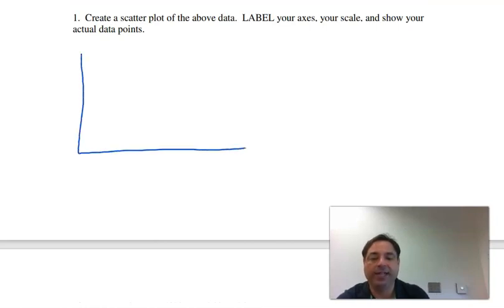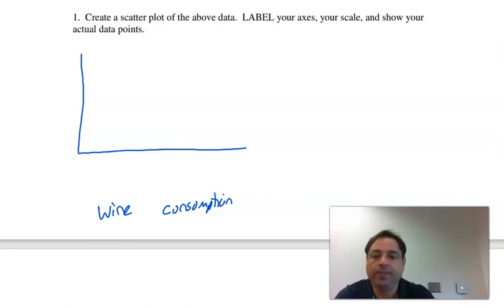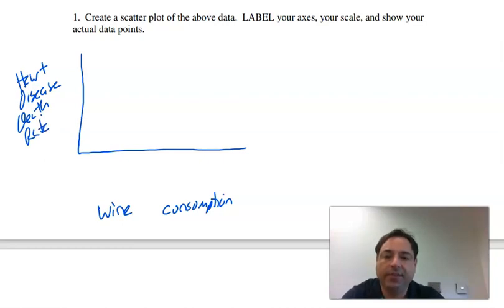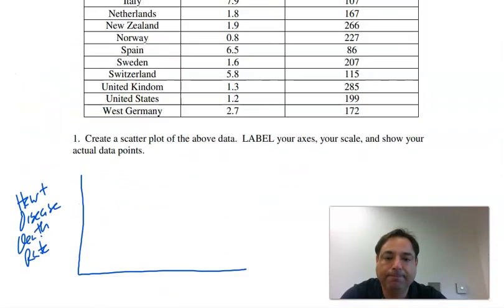When we do our sketch, wine consumption is going to be on the x-axis. The heart disease death rate will be on the y-axis. Then we're going to look at the data.